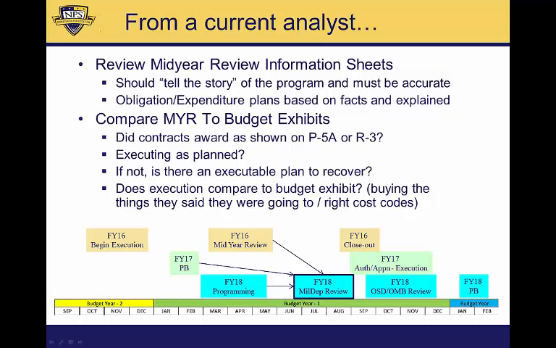As they're reviewing that budget, they're going to compare that FY18 budget to the budget that was submitted back in February, the FY17 budget, and look for consistency between those two budgets. They're also going to consider what's happening with current year execution of the program. All of this helps tell the narrative, or the story, of what's going on with this program.